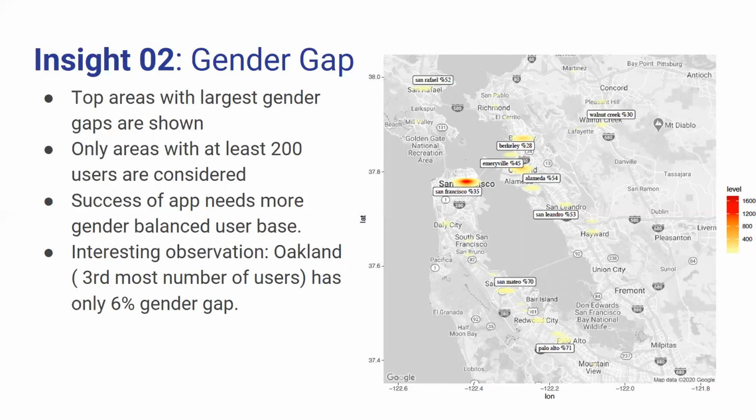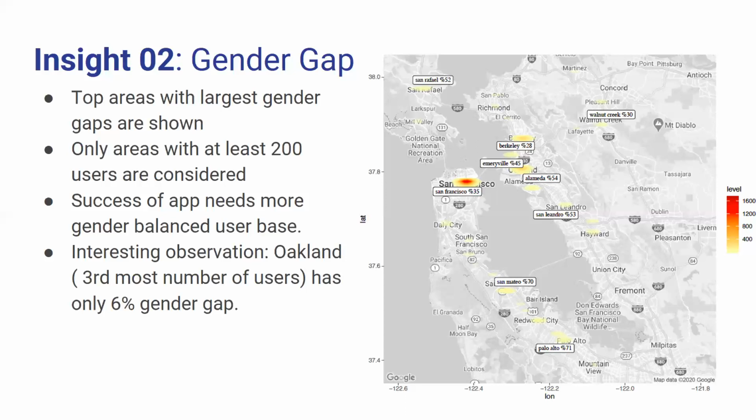So obviously we think that as part of the marketing, we have to attempt to reduce the gap between the number of male and female users. An interesting observation here was that the Oakland area, which is the 3rd most populous area of users, has only a 6% gender gap.